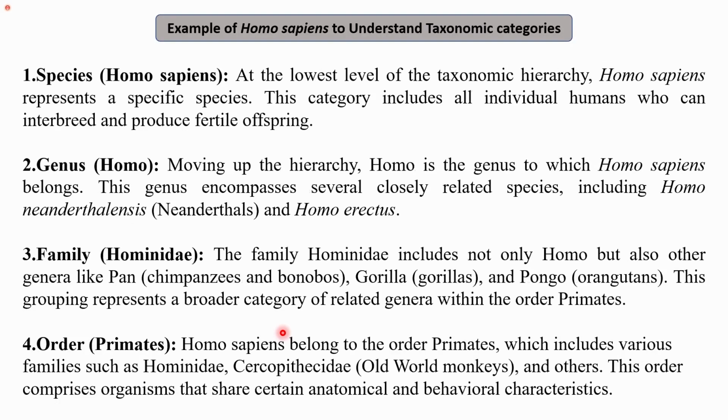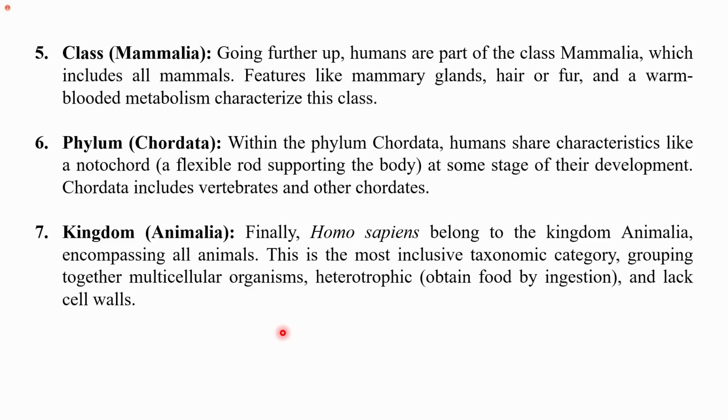So these are the different taxonomic categories that I wanted to make you understand today. And so based on these, I have certain practice questions as well that we will discuss now.